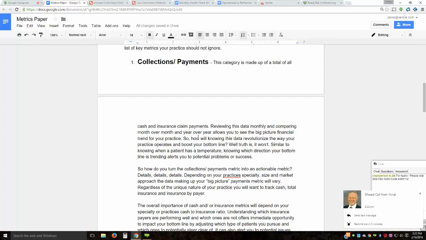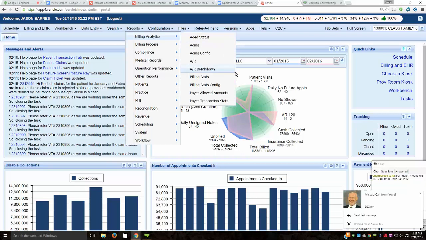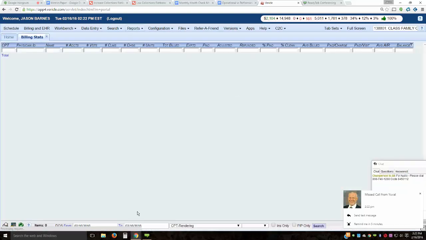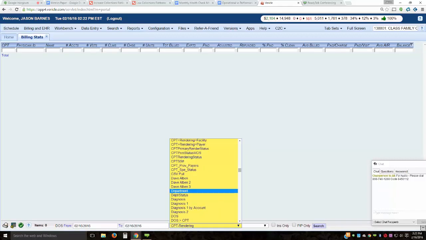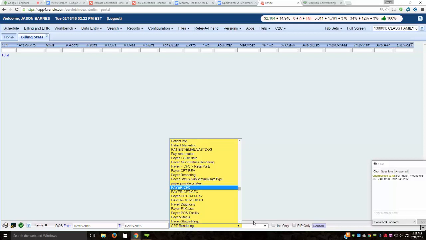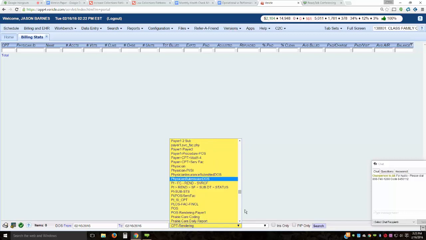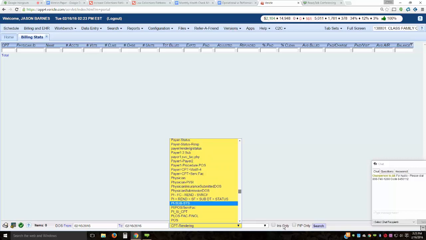And to demonstrate, you can run a report based on date of service, and we'll simply do this by payer. This is our billing statistics report. You go to the reports menu, choose billing analytics, and then choose the billing statistics, and it gives you a number of options for you to choose, and I'm going to choose primary insurance only in this particular case.